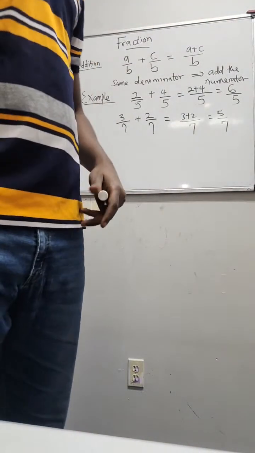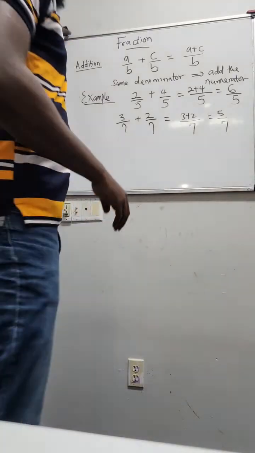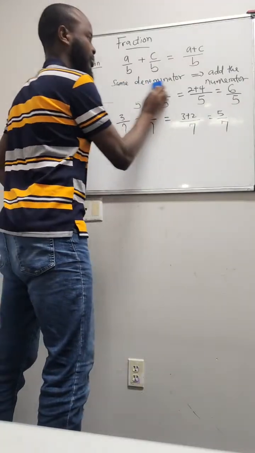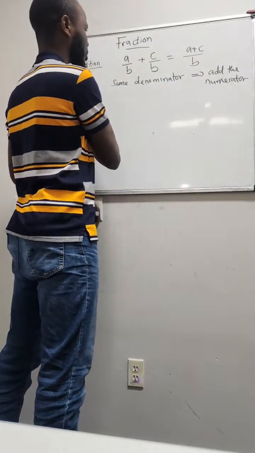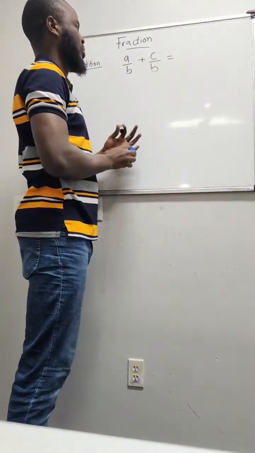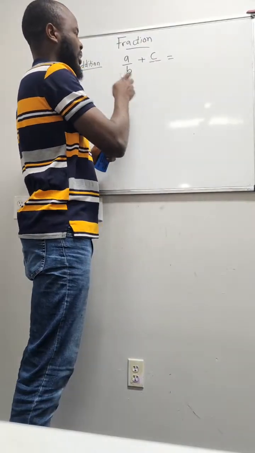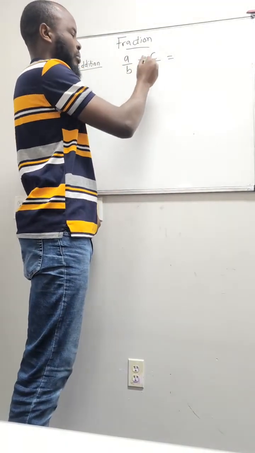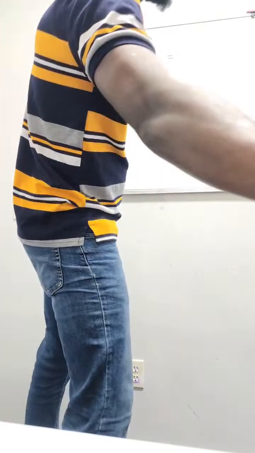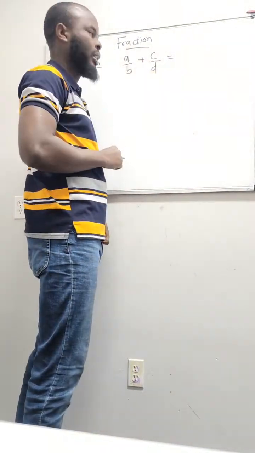Now, for rule number 2, here we have a over b plus c over d.